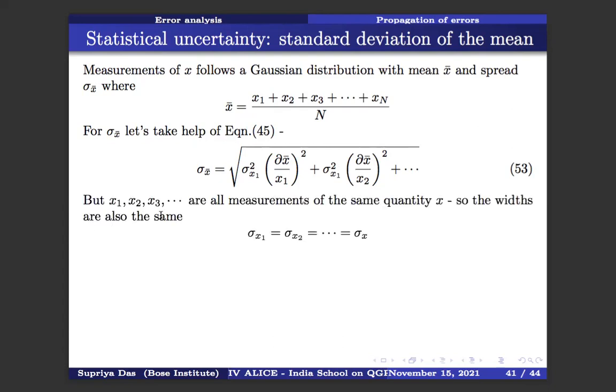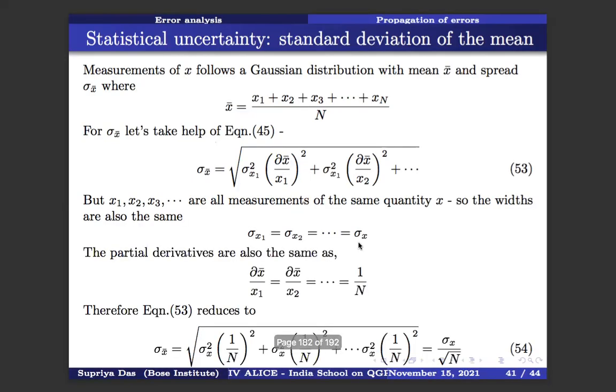But x1, x2, x3 are all measurements of the same quantity x, and we said that x follows a Gaussian distribution. So the widths of this distribution will also be the same. If you make the same measurement, your sigma is also the same. So sigma x1 is equal to sigma x2, and for all these n terms it will be the same as sigma x, the spread of x. Then the partial derivatives are also the same.